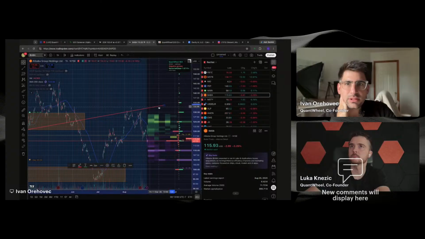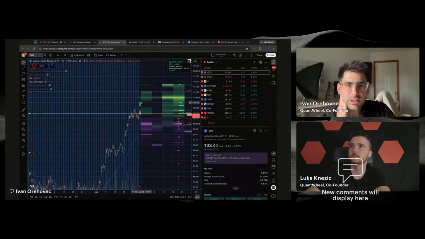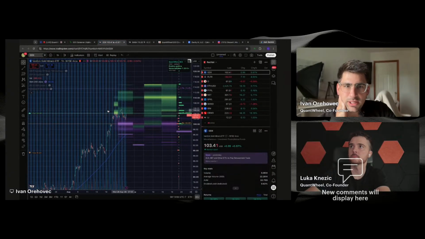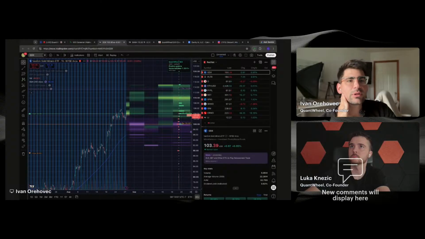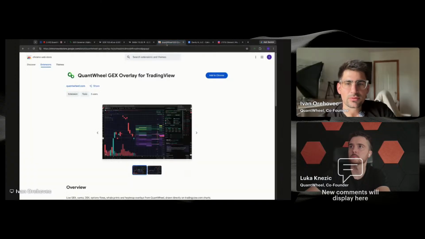All right, we have Baba, GDX, and this is possible now because we have a QuantWheel GEX overlay Chrome extension. This is now live in the Chrome extension store. You can download it just by going into the store and typing in QuantWheel and just adding it to Chrome. That's as simple as that.